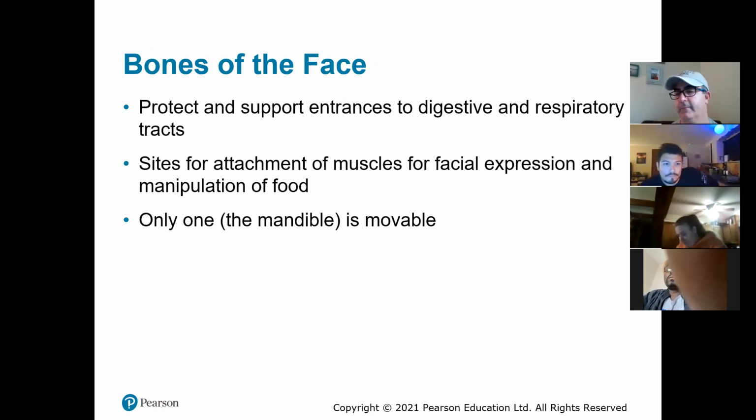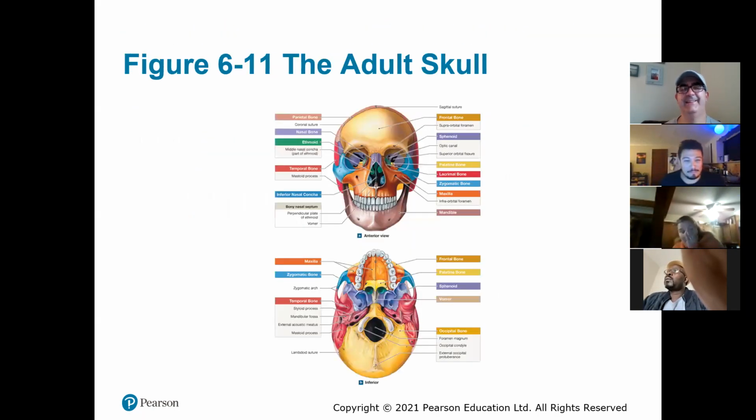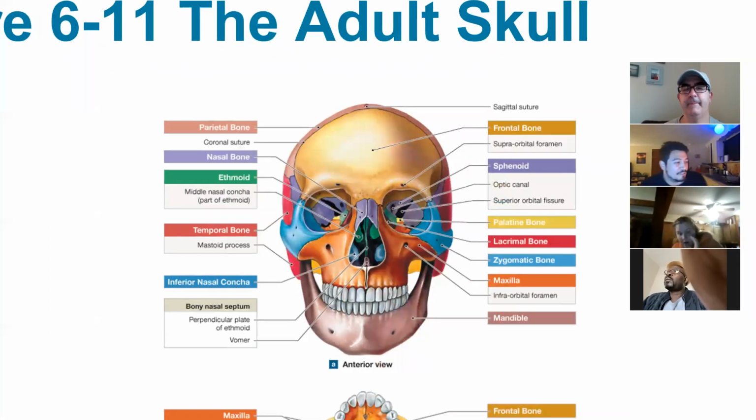They perform different functions. Right, such as? Digestive muscles and protect the brain. And so cranial bones actually protect the brain. They surround and protect the brain. They're the bones that actually are surrounding your brain.